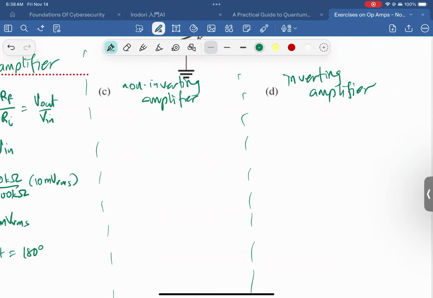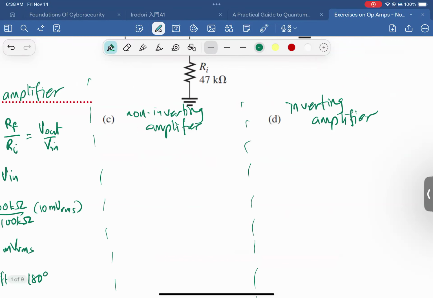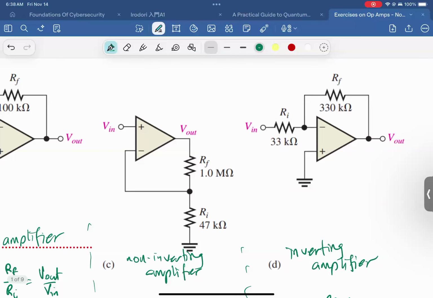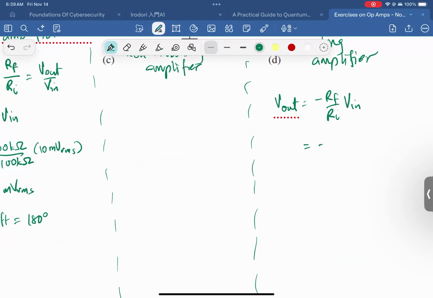Okay, we can do the same for the inverting amplifier dun sa letter D. So yung V out dito ay equal sa negative RF over RI times V in. In this case, ang RF is 330 kilo ohms at ang RI is 33 kilo ohms. So negative 330 kilo ohms divided by 33 kilo ohms times 10 millivolts RMS.